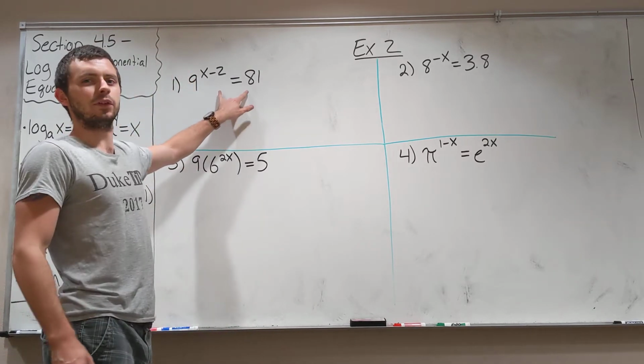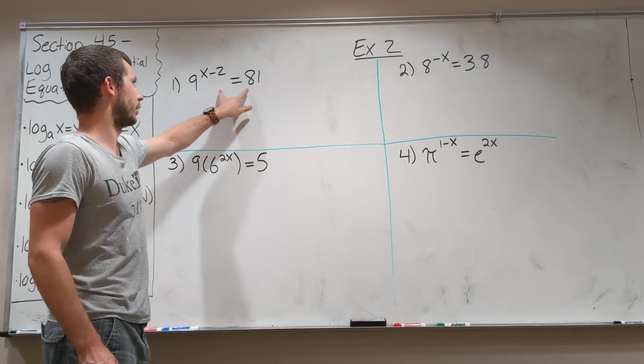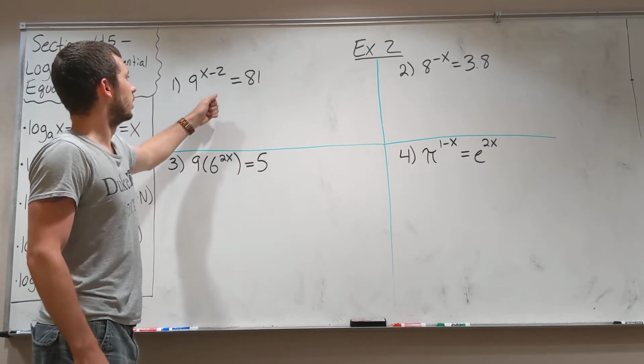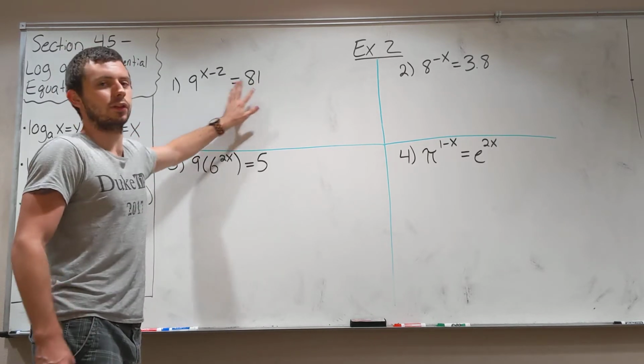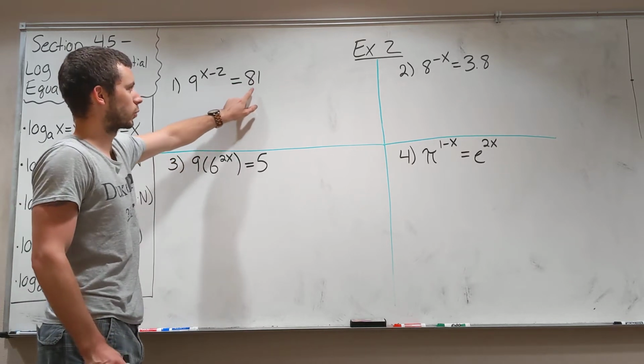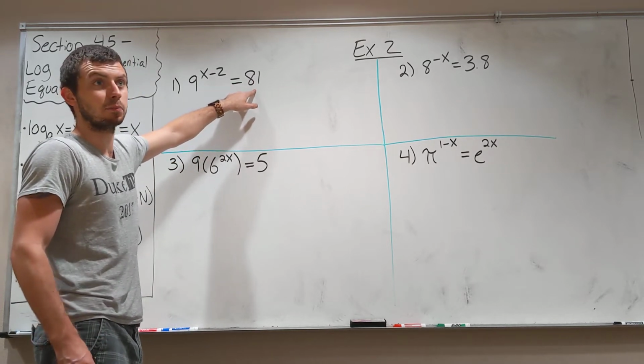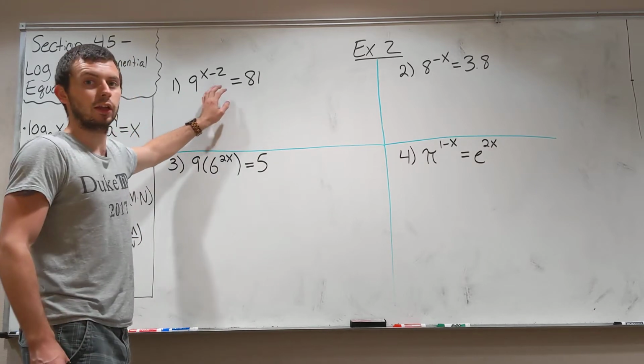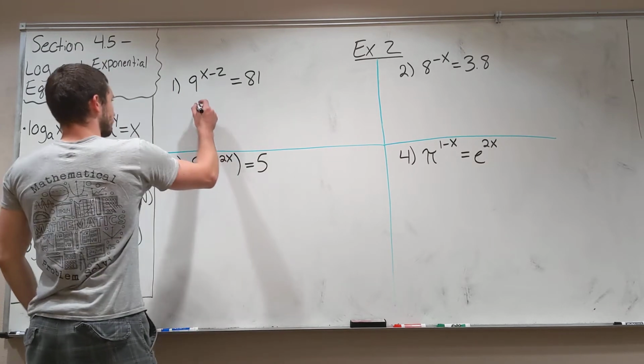So as we've talked about these before, we've had problems like this in the past where, if you have stuff like this, what we were doing in the section on exponential equations was trying to get 81 to have the same base, so that we can cancel out the like bases.